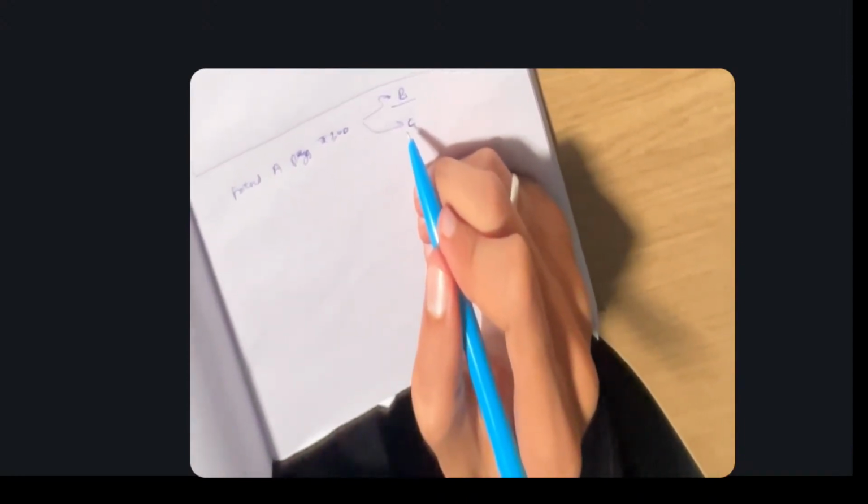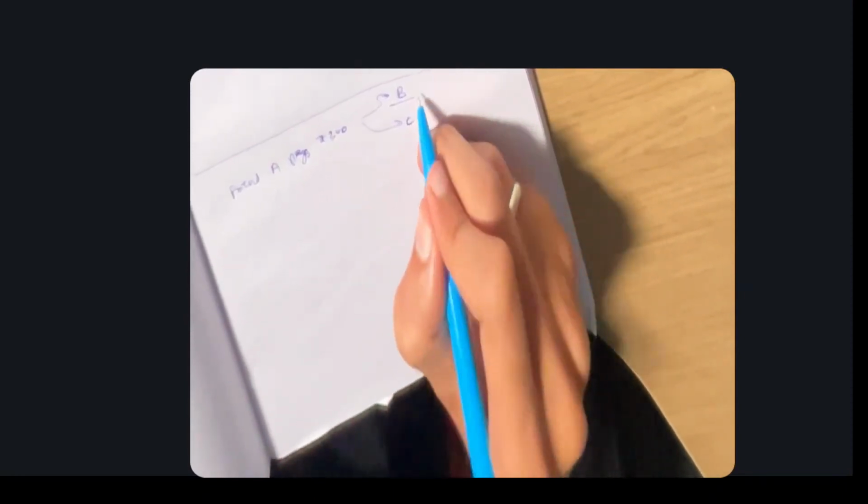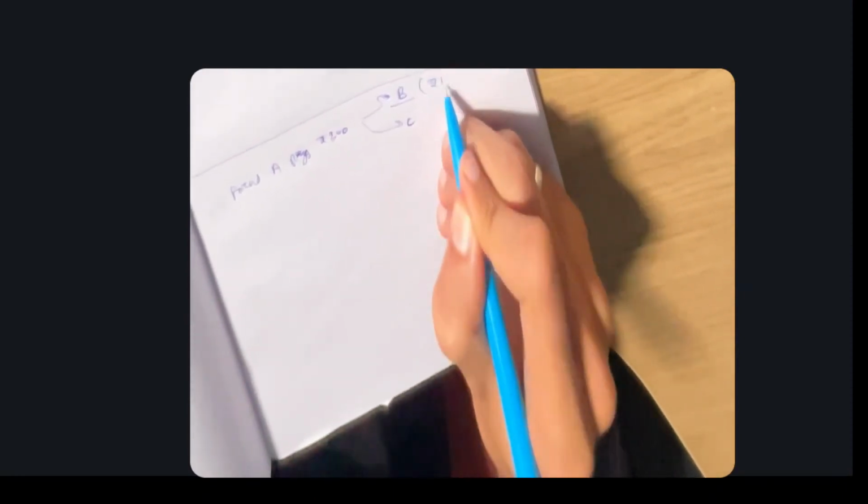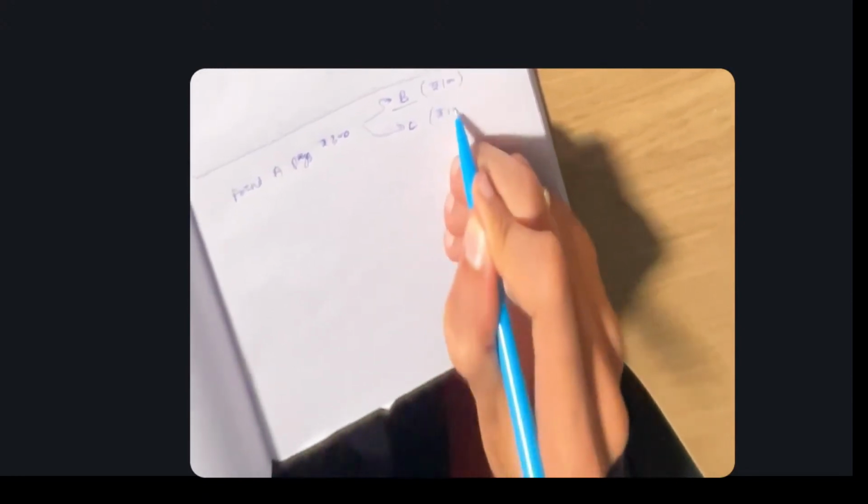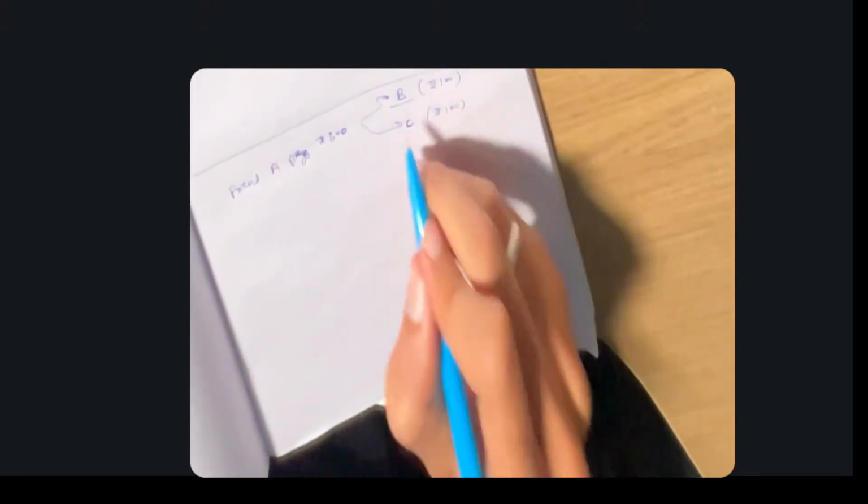And it is split equally, so they owe rupees 100 and then rupees 100, right?